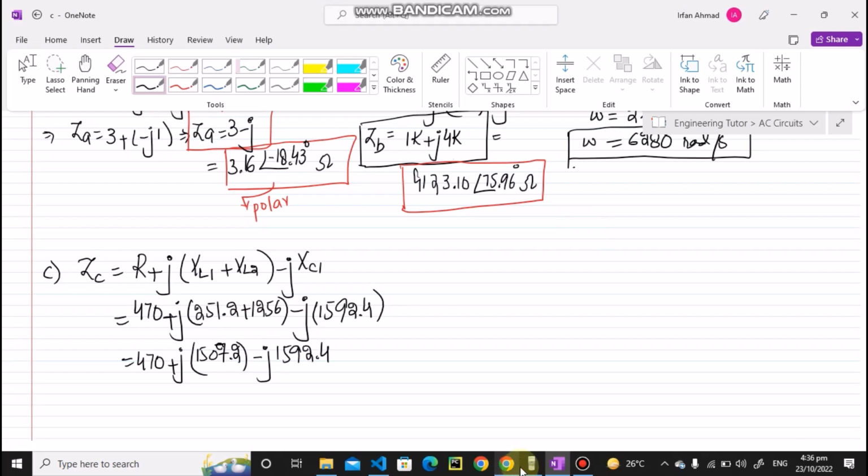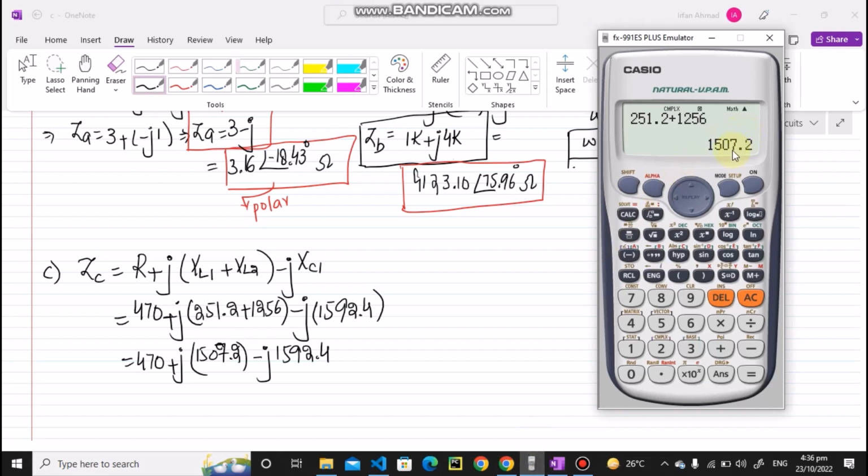Now we have this quantity, 1507.2, and we have to subtract from it the 1592.4 to simplify this equation.